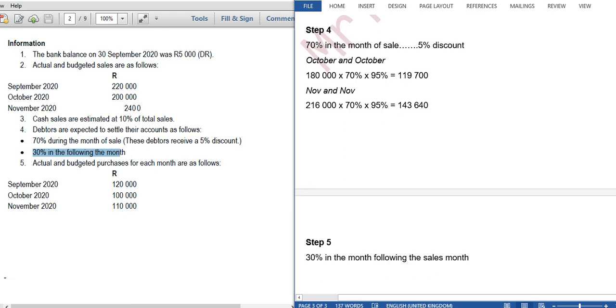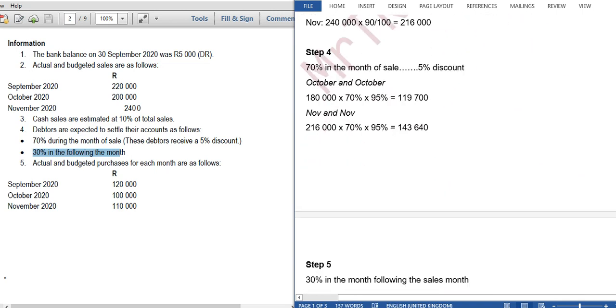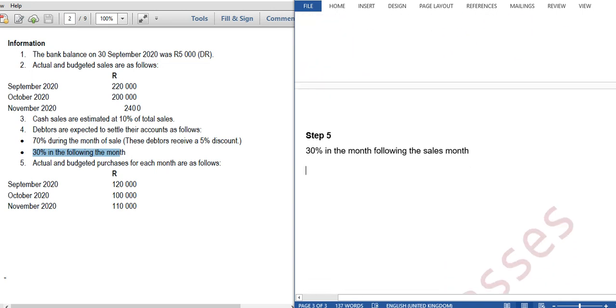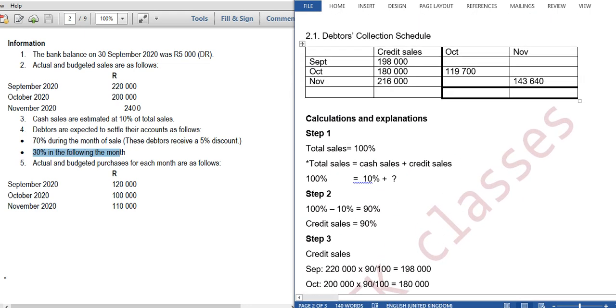So in September we sold for how much? For 198,000. So let us come here and say if we sell in September, it means that we will receive our money in October. And how much are we going to receive in October? What was our sales in September? 198,000.